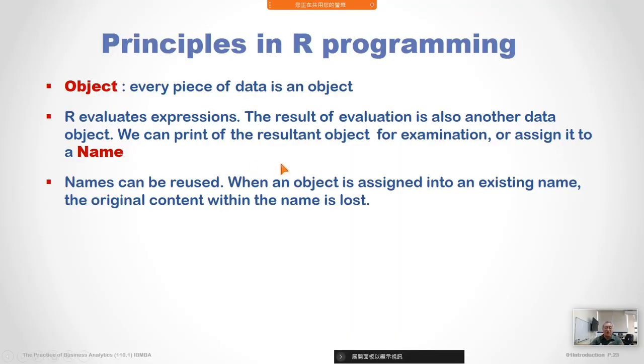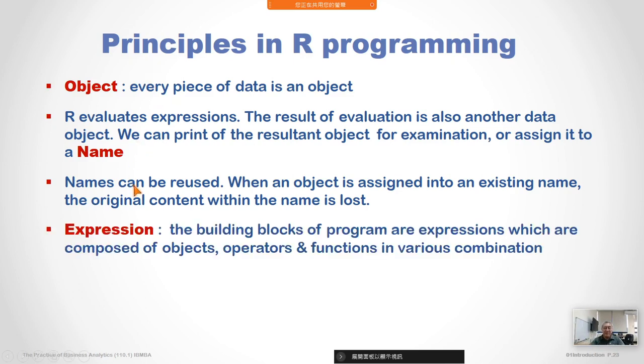So a name can be reused, and when some new value is assigned to an object name, the original content is lost, and the object will carry the new value. So object, name, and the third thing is expression, right? We already know what an expression is. It can be composed of objects and operators.